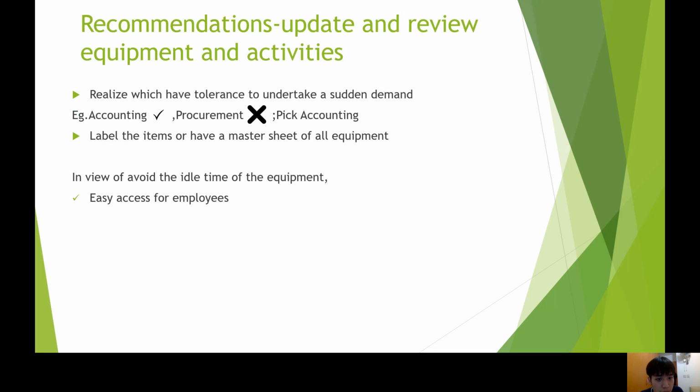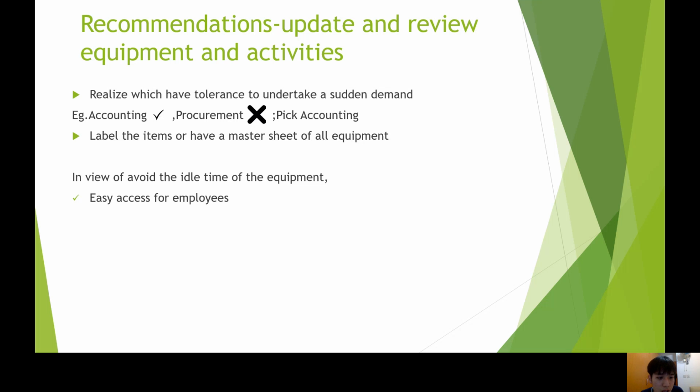The second recommendation is that Tesla is suggested to update and review the equipment activity regularly. Note that Tesla should realize which department has the tolerance to undertake the certain demand.